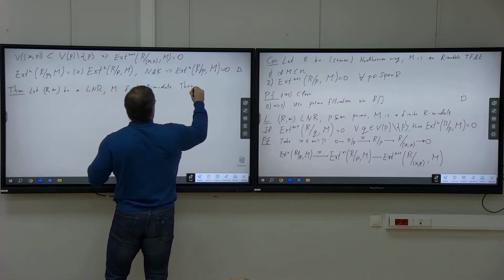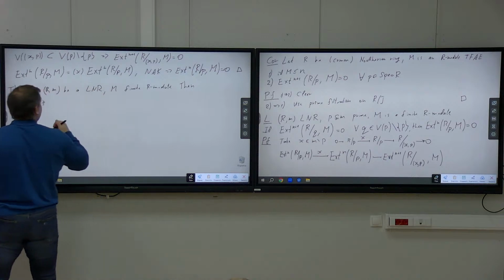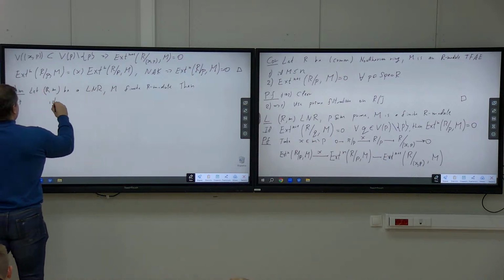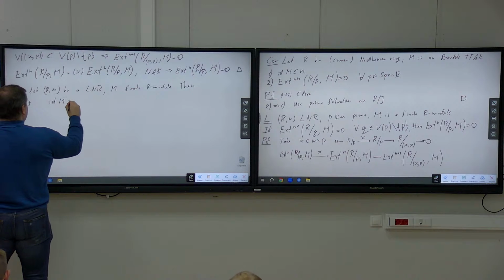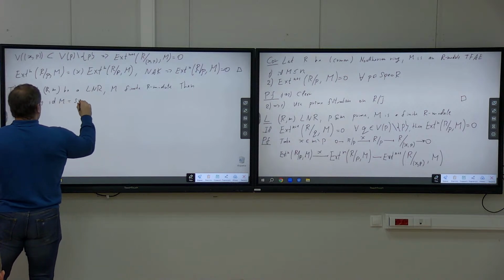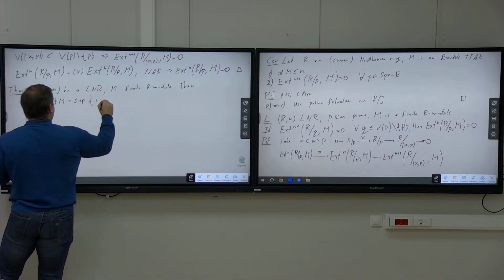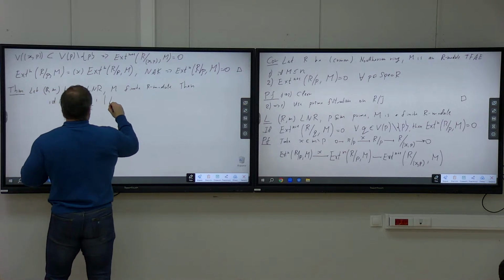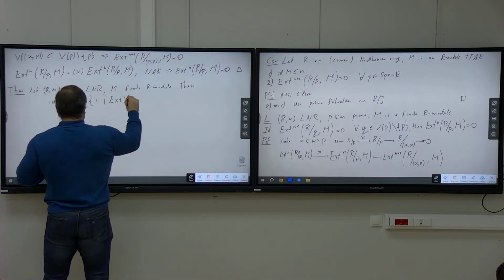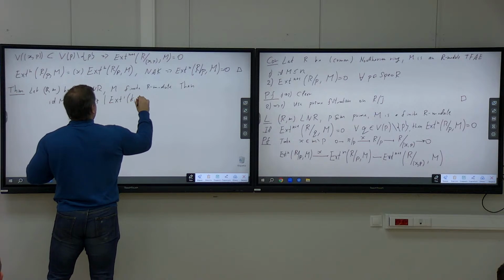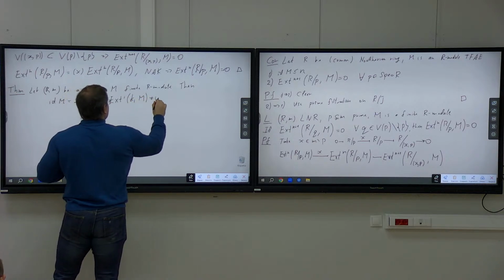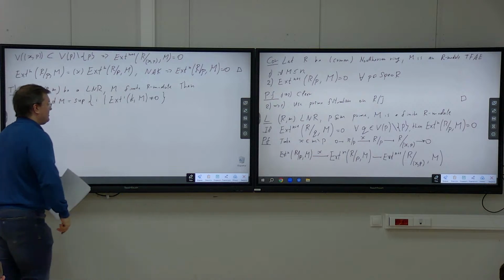Then there's a formula: the injective dimension of M is equal to the supremum of the i such that Ext^i(k, M) is not equal to 0.